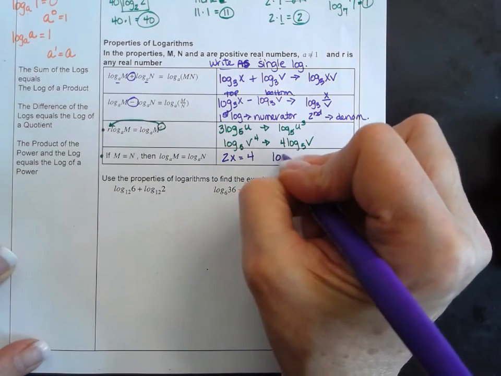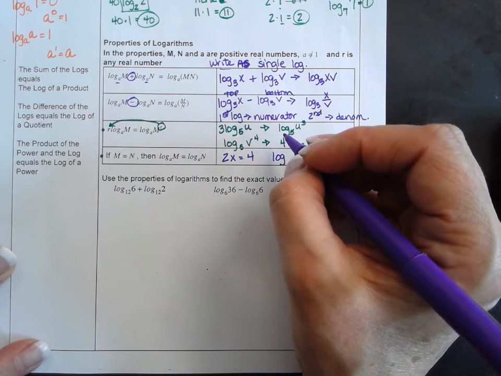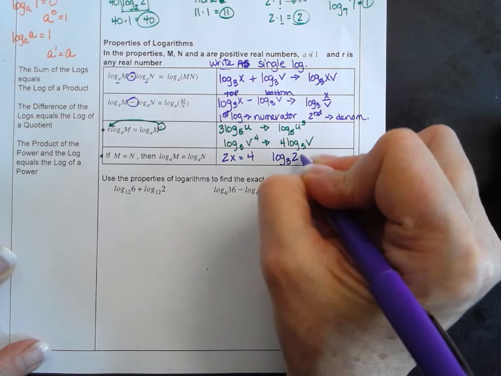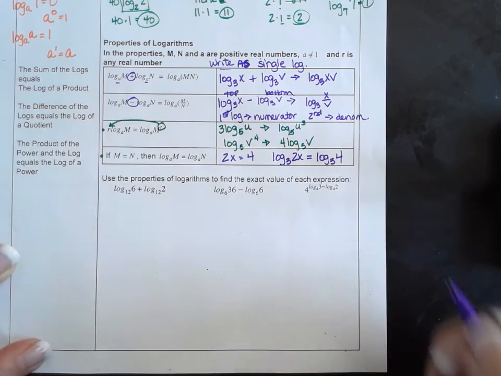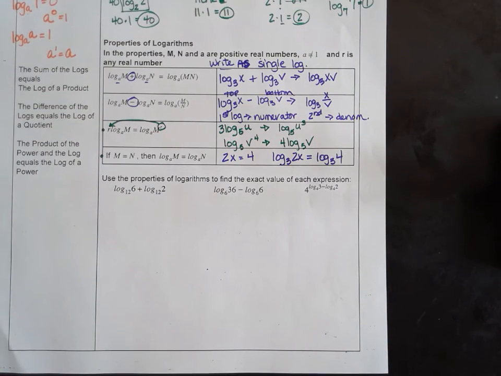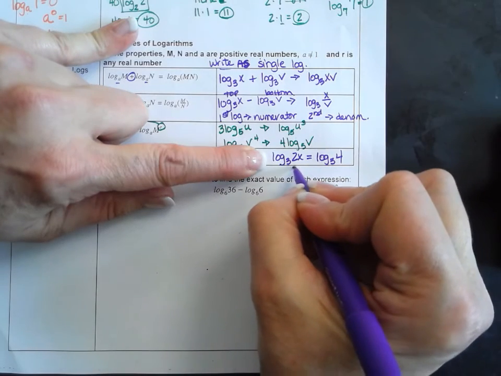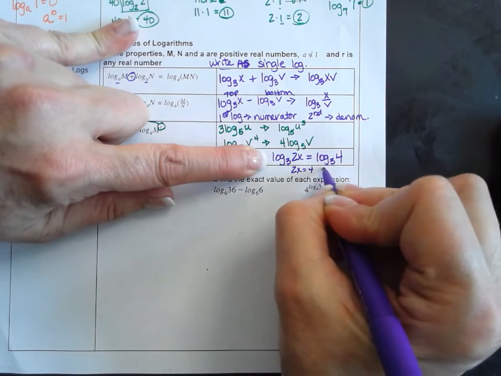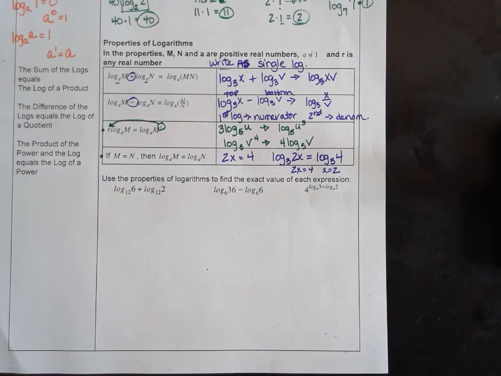That means that the log base 3 of 2x is going to be equal to the log base 3 of 4. It's just kind of helpful if you have something like this, then you could say, oh, hey, well, 2x is 4. That means x is going to equal 2. Good?